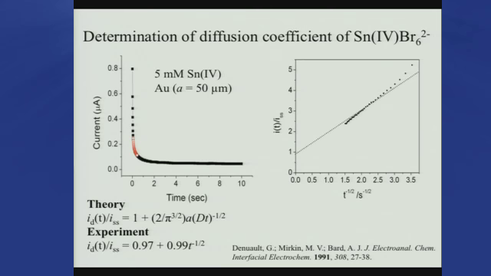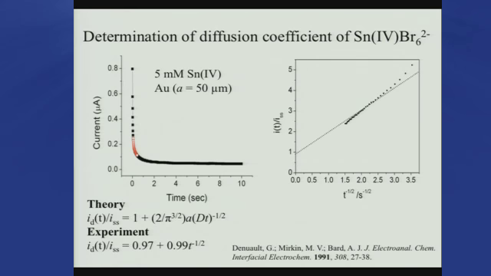What's interesting about that transient is that there are 2 zones of behavior. At the very short time, it's behaving just like a big electrode. It's giving the usual mass transfer controlled reaction. And then I reach this steady state. And it's interesting, if you simply plot the current at any time divided by the limiting current, you get a straight line plot.